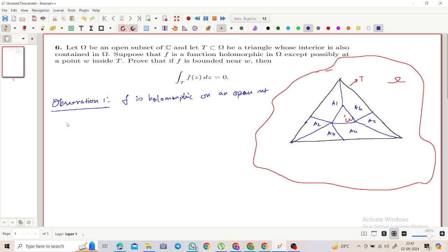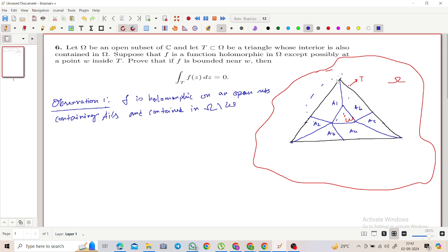On open sets containing the A_i's and contained in omega minus w, like this there are sort of open sets like this, right?